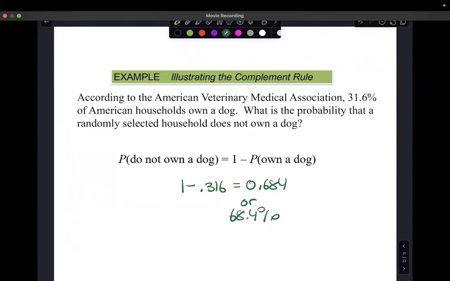So it is just the probability of not, basically. So that's the complement rule. So if there's a 25% chance that somebody's late to work, there's a 75% chance that that person's going to be on time to work. It's the probability of it not happening.